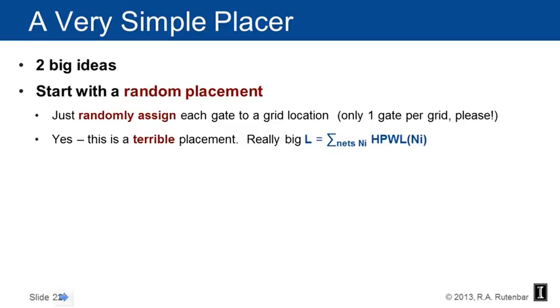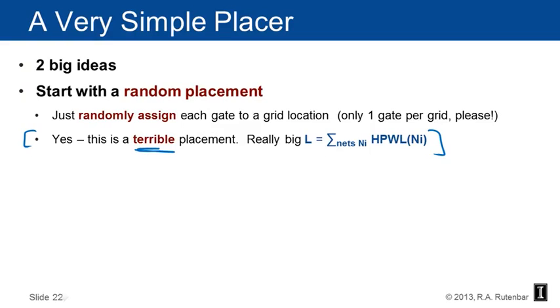The first is you start with a random placement. You just randomly assign each gate to a grid location. Only one gate per grid, please. And if you're thinking to yourself, wow, that has got to be just a terrible, terrible placement, because if I take all of the gates and I just throw them at the surface of the chip and they land where they may, and I take a step back and then I use my wire length estimation technique, because I can estimate the half perimeter wire length for all of those nets, and I can add that number up and I can get a measure of the quality of this placement.